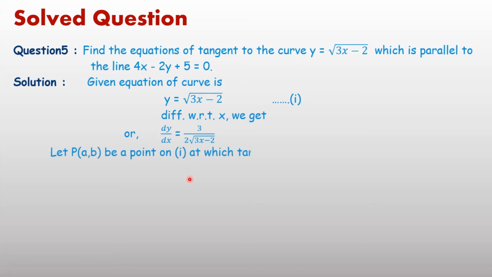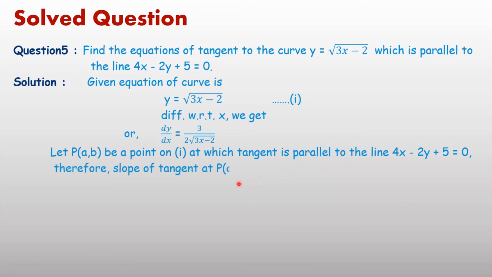Therefore, let the point (a, b) be a point on the curve at which the tangent is parallel to the line. Therefore, the slope of the tangent at the given point is the value of dy/dx at (a, b), which is 3/(2√(3a - 2)). In place of x, write a.